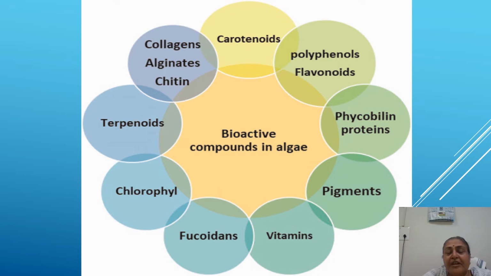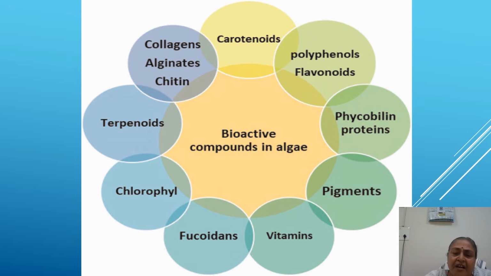So the categories of bioactive substances present in marine algae are carotenoids, polyphenols, flavonoids, phycobilins, proteins of different kinds, different kinds of pigments, vitamins, fucoidans, then chlorophyll, terpenoids, then collagens, alginates, chitins.